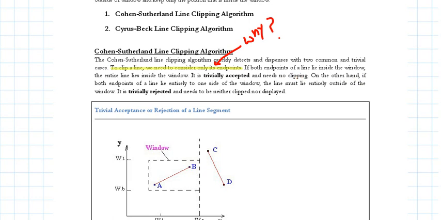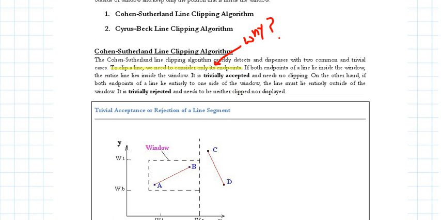Now, on the other hand, if both the endpoints of the line lie entirely to one side of the window, the line must be entirely outside of the window. It is a little bit complicated. It is trivially rejected and needs to be neither clipped nor displayed.